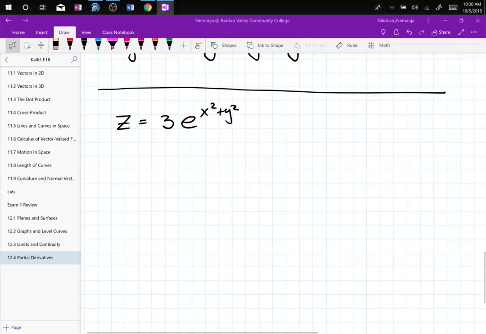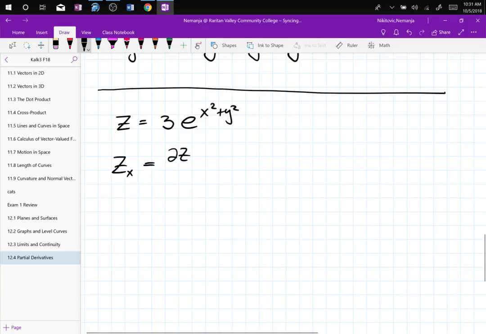Now, we are going to learn one of the very cool properties of symmetric functions that will save a lot of time for you as you are looking for various partial derivatives. For instance, what is the partial of z in respect to x? So that's partial z, partial x. Now, we know that the derivative of e is e.